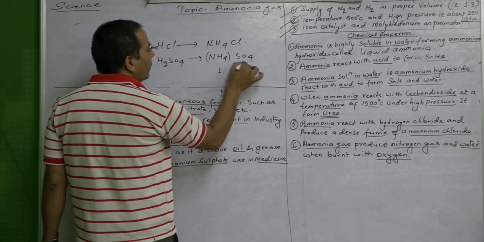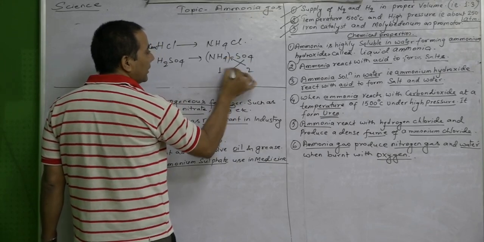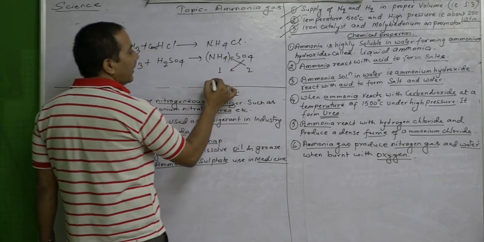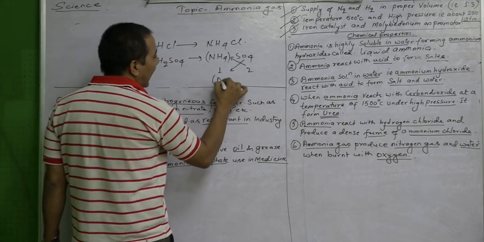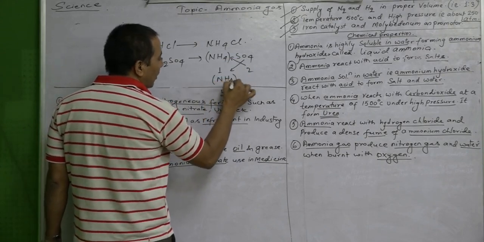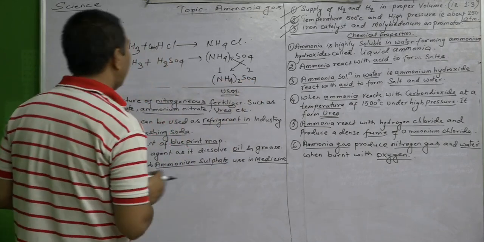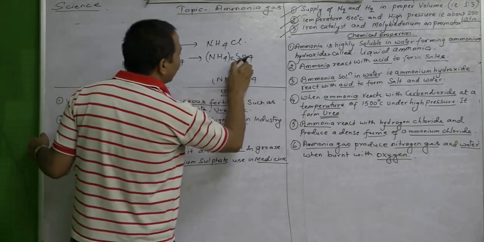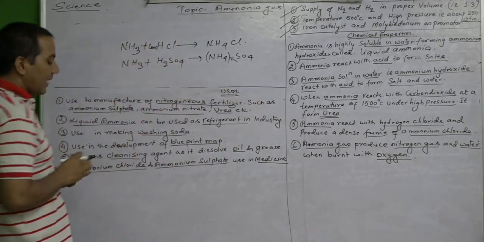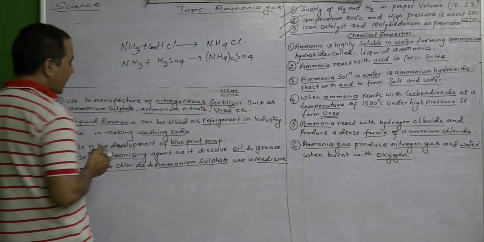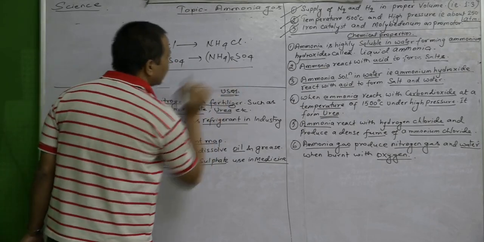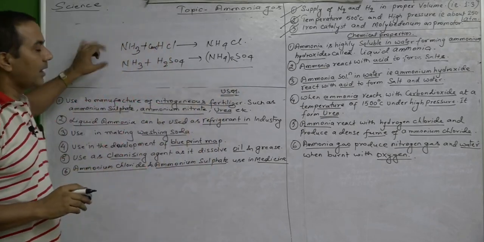So when we crisscross, as you have studied in class 9, it will form (NH4)2SO4, ammonium sulfate. We can take another example for acid also, nitric acid, but it is not necessary. This much can work.